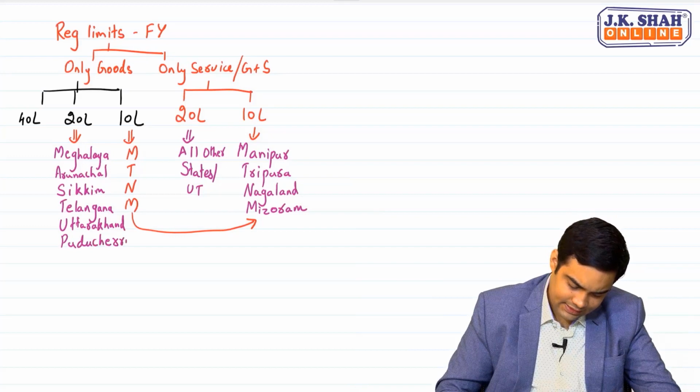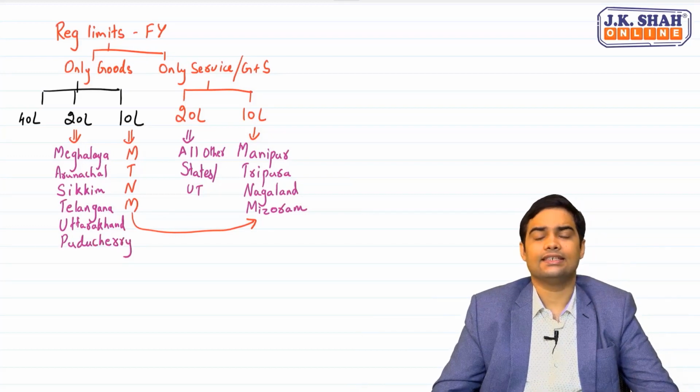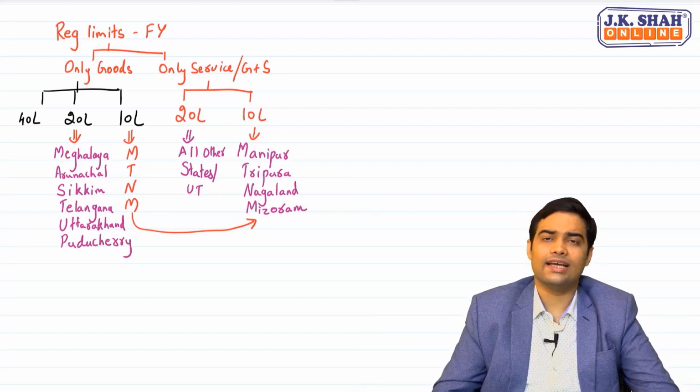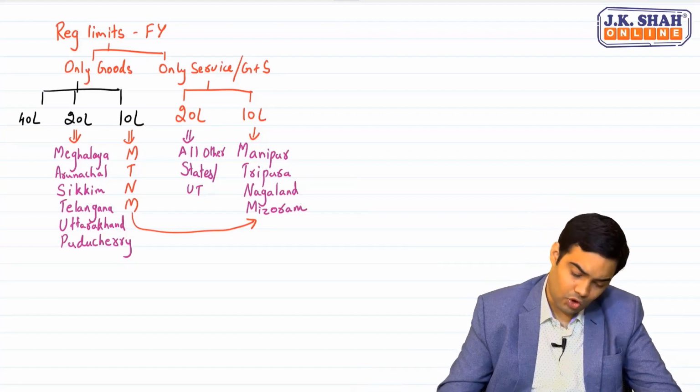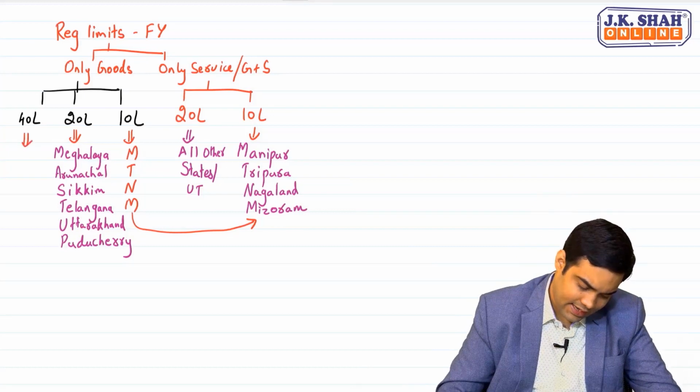These are the 6 states where the registration limit for goods only, even today, is 20 lakh. For all other states and union territories, the registration limit would be 40 lakh.